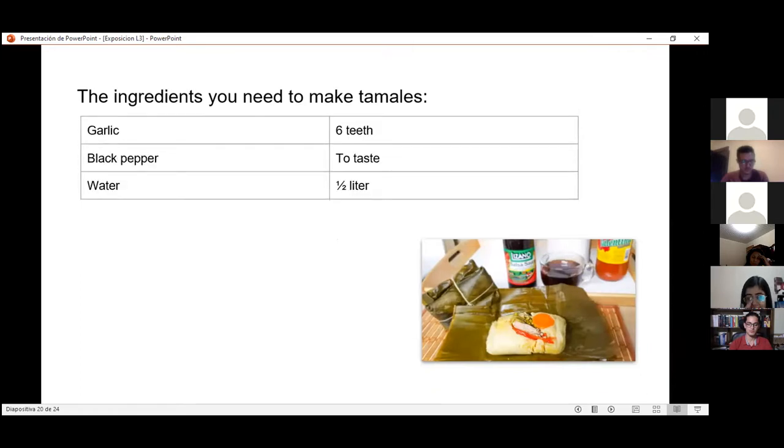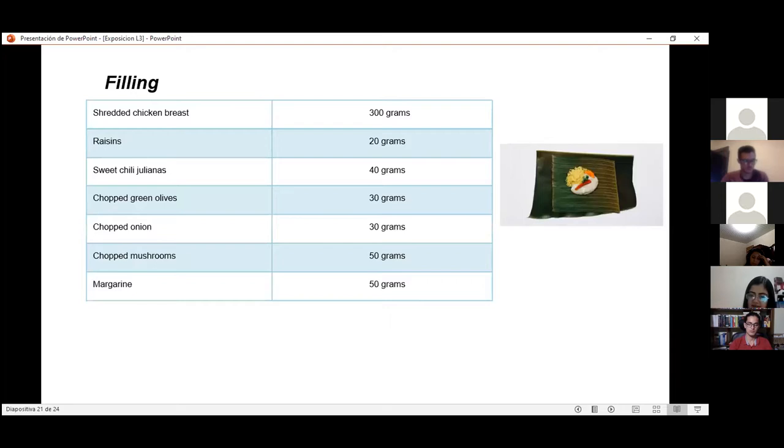Next, garlic, black pepper y water. And the filling: chicken breast, raisins, sweet chili, julienned, chopped greens, chopped onions, chopped mushroom y margarina.